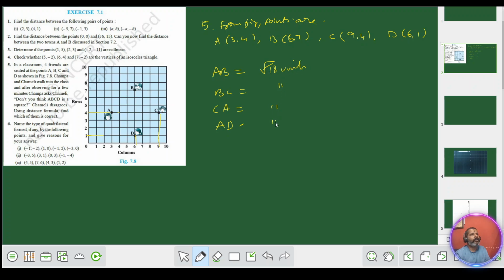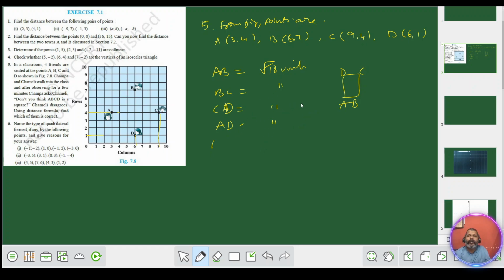So if it is a square, all sides are equal.